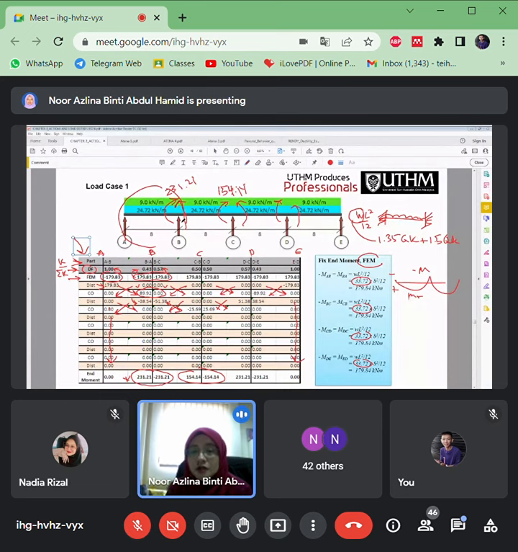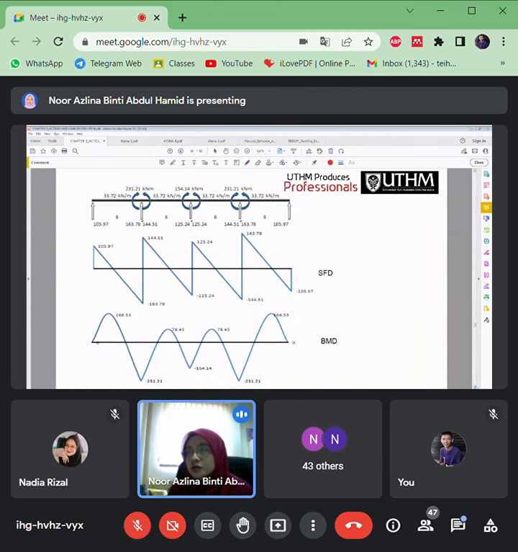From this you need to come up with the cut section method, in order to know the support reactions. Okay, so this is the load distribution, which has an end moment at each of the supports.